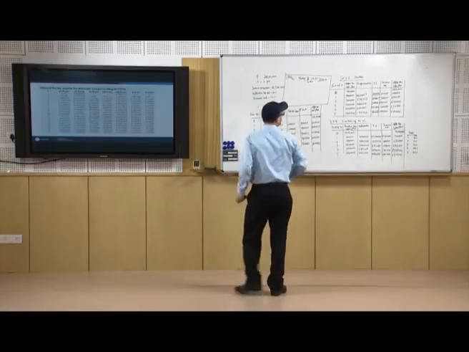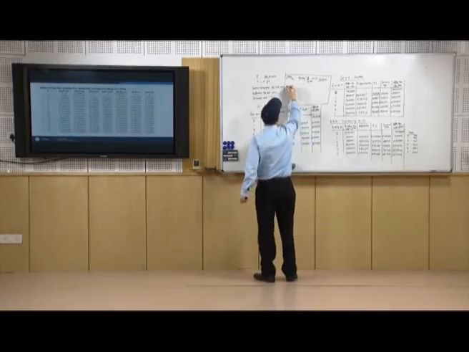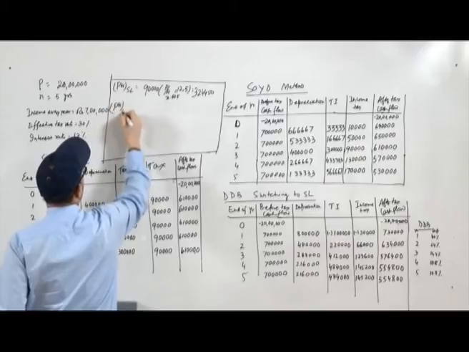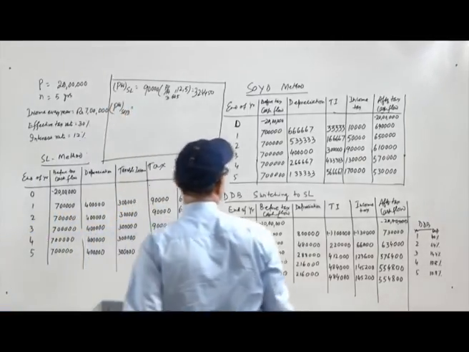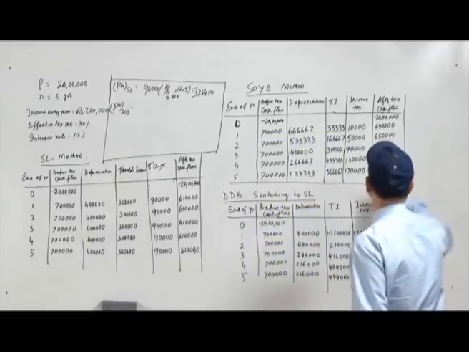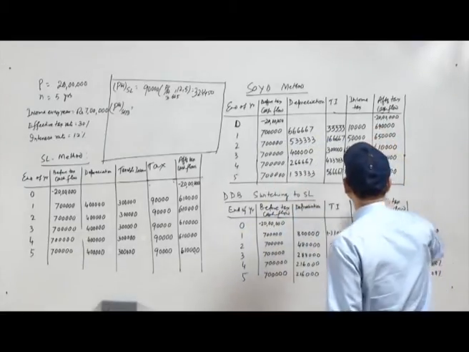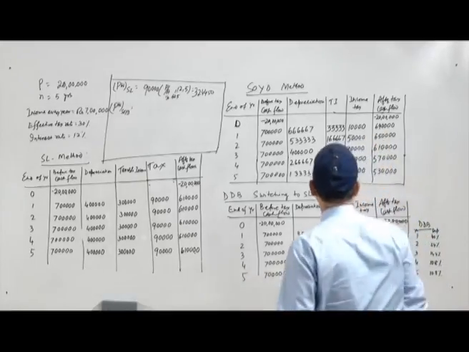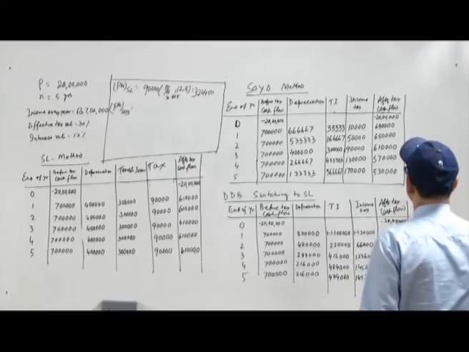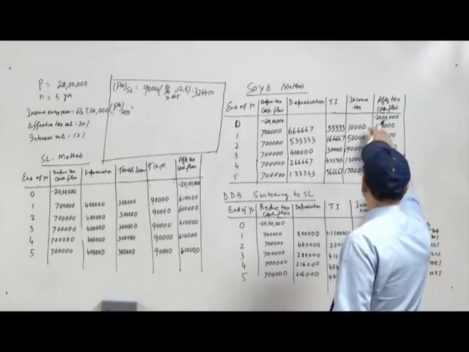If you go with SOYD, if you look at the taxes, there is an increment of 40,000 every time.